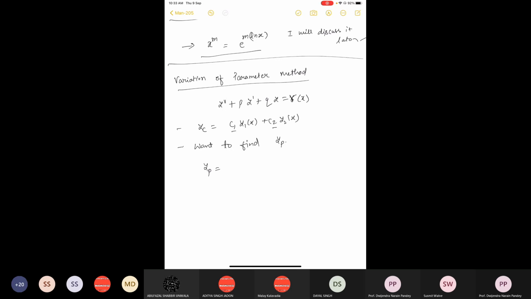Now here we are claiming that if c1 and c2 are functions of x, then c1(x) y1(x) plus c2(x) y2(x) will not represent yc, right?